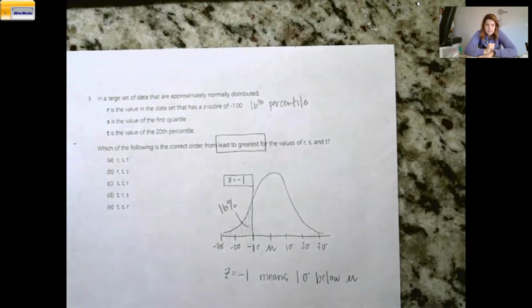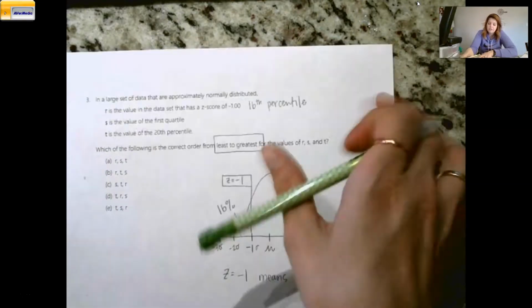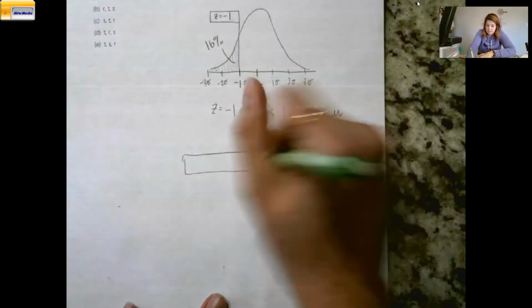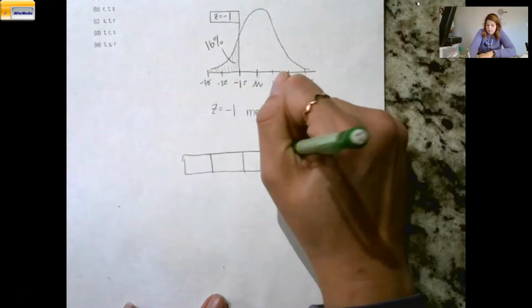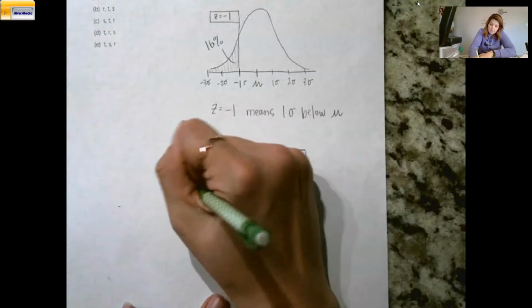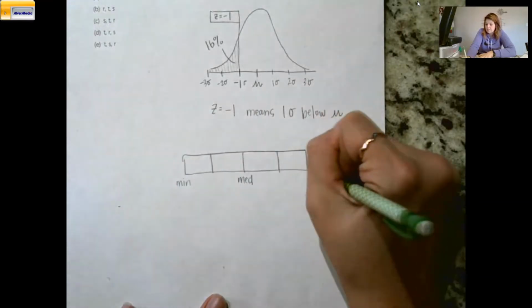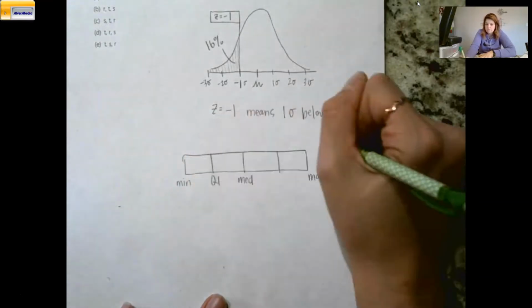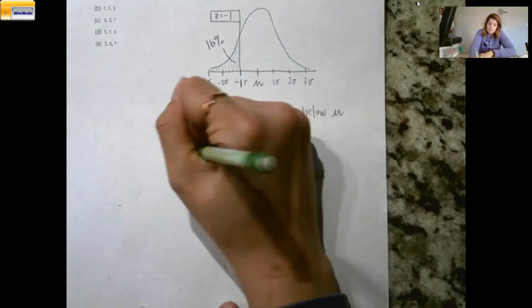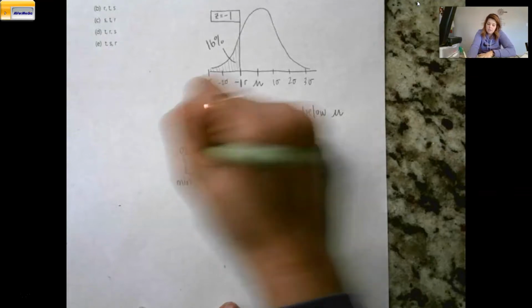Okay. S is the value of the first quartile, so that's another position. If I draw a rectangle to represent my entire data set, the median is right in the middle, the lowest is the min, the highest is the max, and then Q1, Q3. Well, this is 0% of your data.